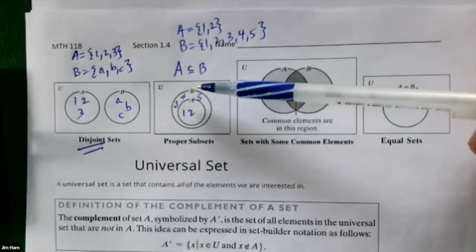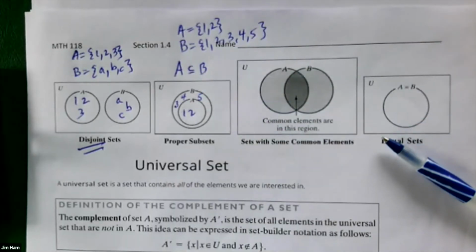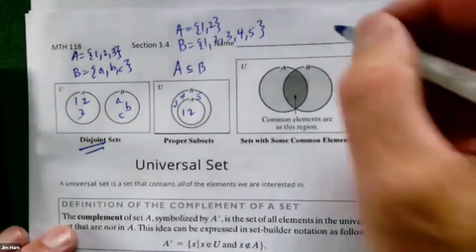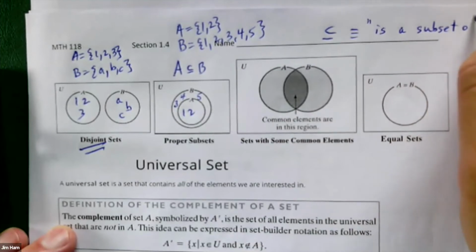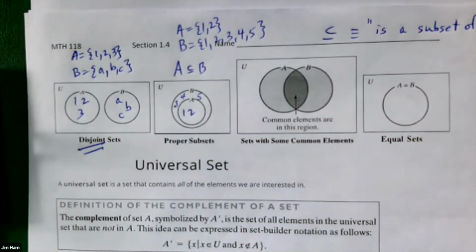Now B is the outer circle, so it contains everything inside B. So 3, 4, and 5 are inside B, but also 1 and 2 are inside B. The elements 1 and 2 are also in A, so they go into the inner circle. And you can see all of the elements of A are also elements of B. So if that's the case, we say that A is a subset of B.